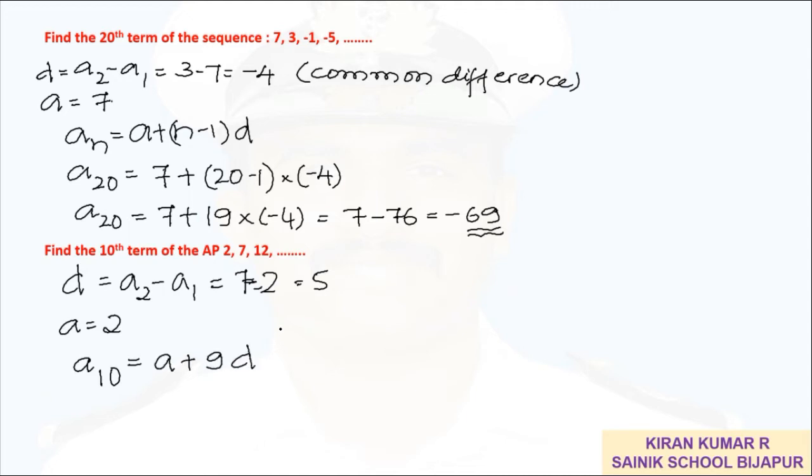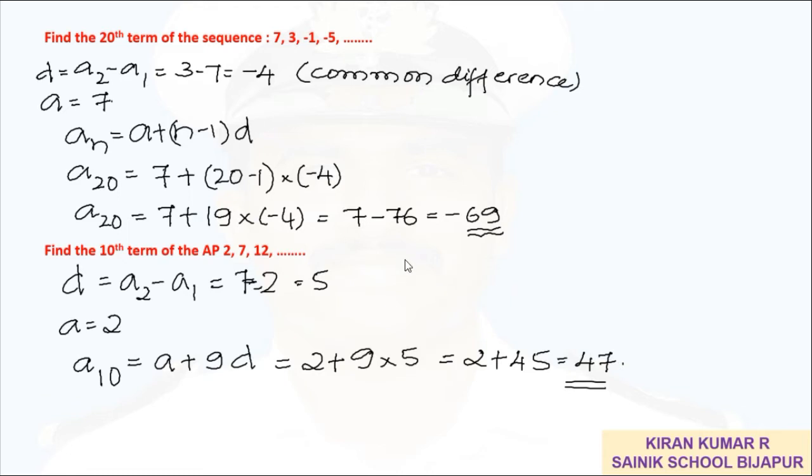I am writing it directly because n minus 1 is 10 minus 1, nothing but 9. So on substituting, we will be getting 2 plus 9 times 5. So 2 plus 45, nothing but 47. So 47 is the 10th term of the AP.